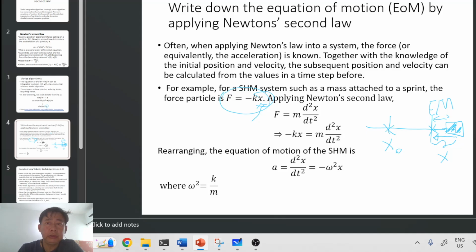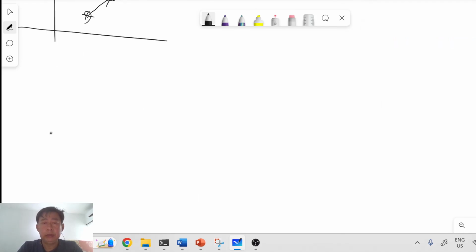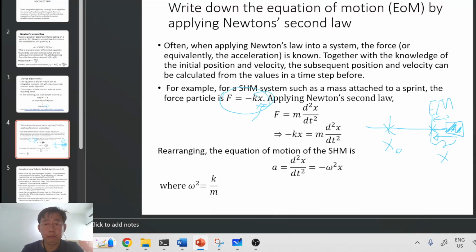In order to describe the simple harmonic motion, you write down the equation of motion for this system. The equation of motion is actually the application of Newton's law on the particle. Let us try to explain how you would write down the equation of motion for the simple harmonic oscillator.